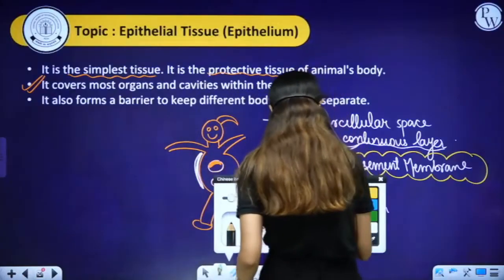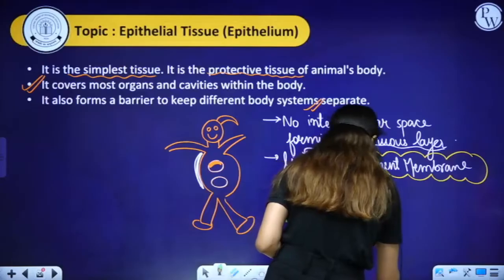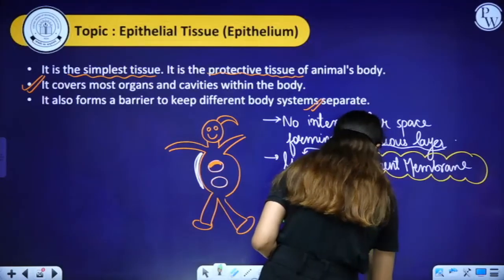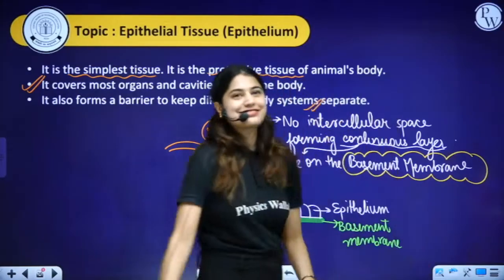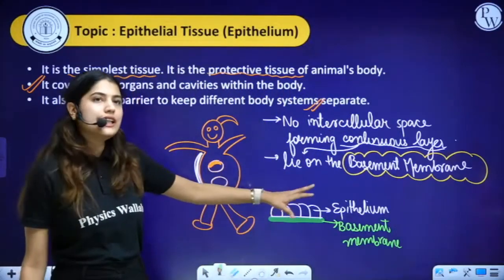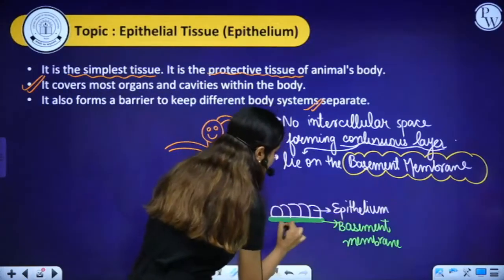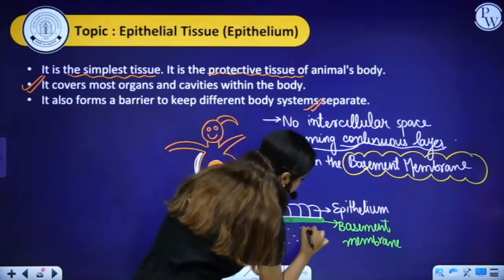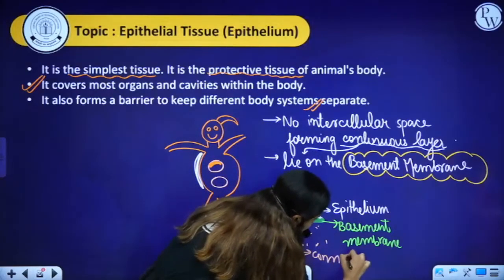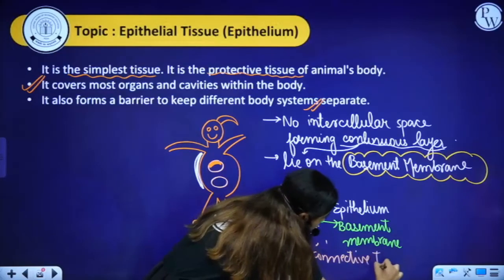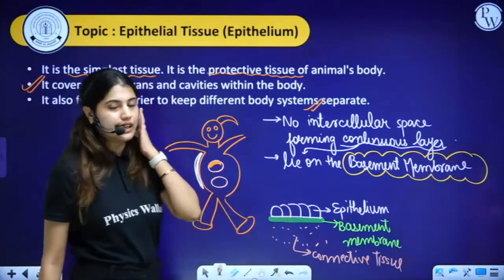Basically it is providing that support, and below the basement membrane there will be a different tissue present. Let's say a connective tissue is present here. So it is separating the epithelium from the underlying connective tissue, right?